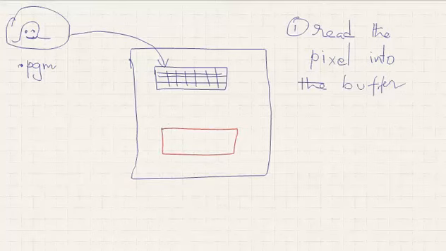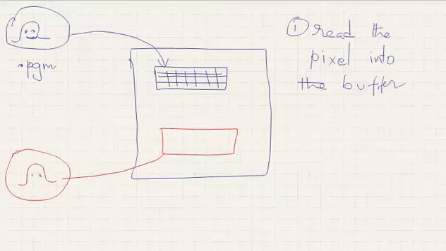In the very first program, what we are going to do is copy this buffer. This is the input buffer, okay? We are going to copy the input buffer. When we say buffer, it's just memory. In our case, it's a 2D array.